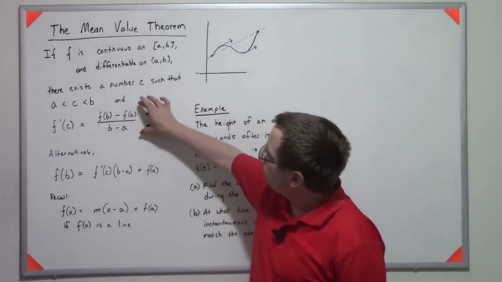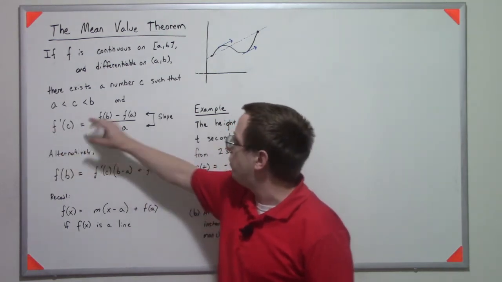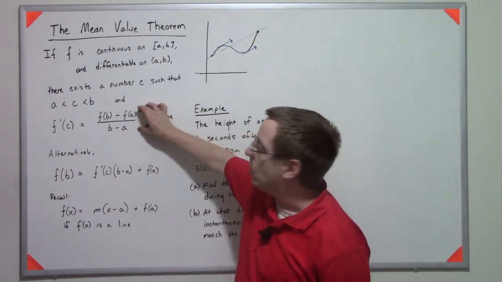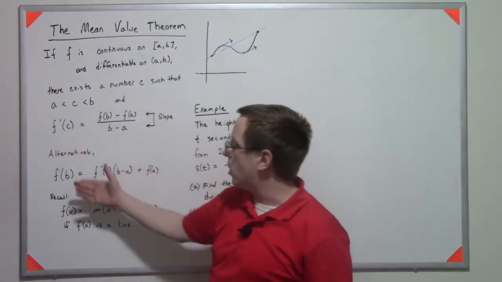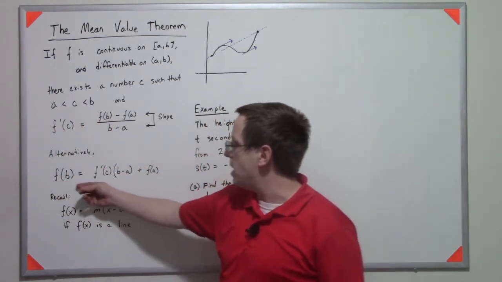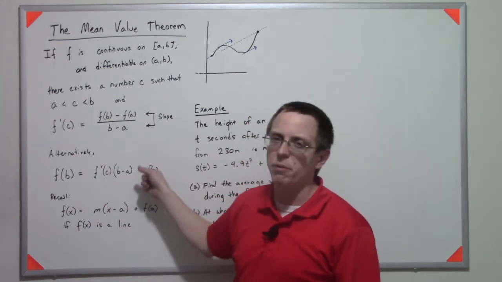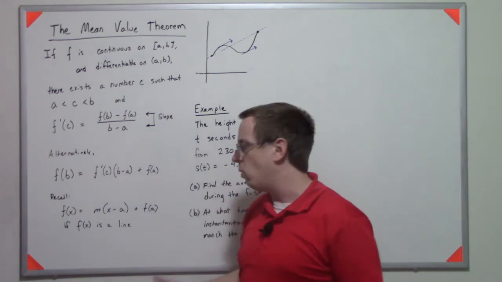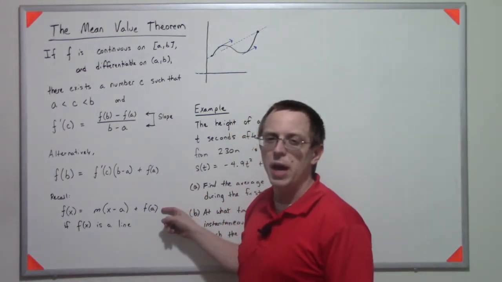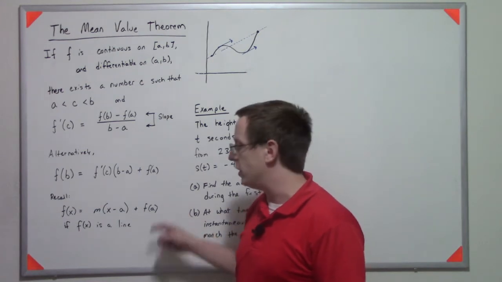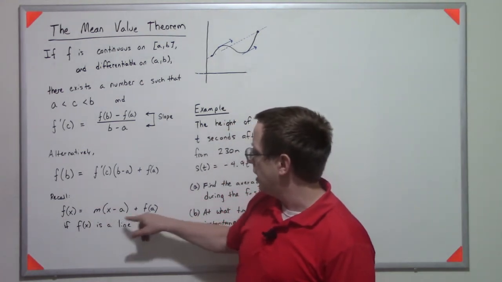Now, we can take this form that has a derivative here and a slope here, and we can move this over and rearrange the terms, and you get this. f of b equals f prime at c times b minus a plus f of a. Why would I want to do that? Well, the reason I want to do that is because it has this obvious relationship to that point slope form of a line where f of x equals m times x minus a plus f of a.